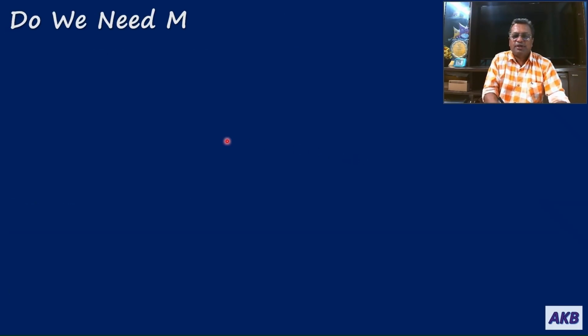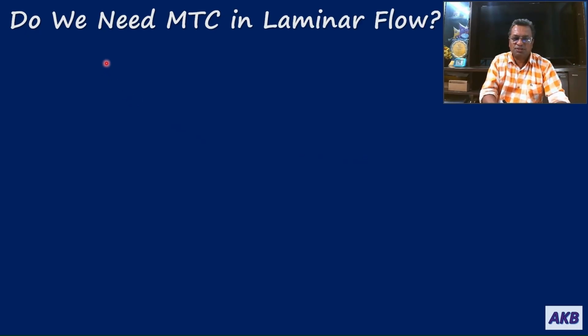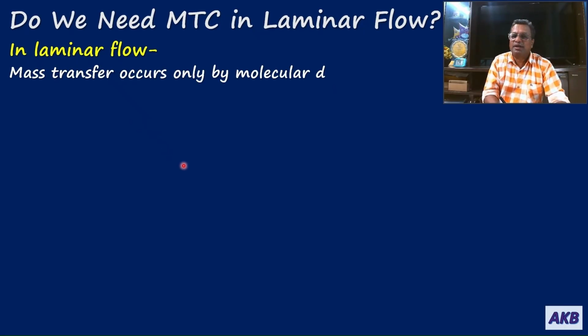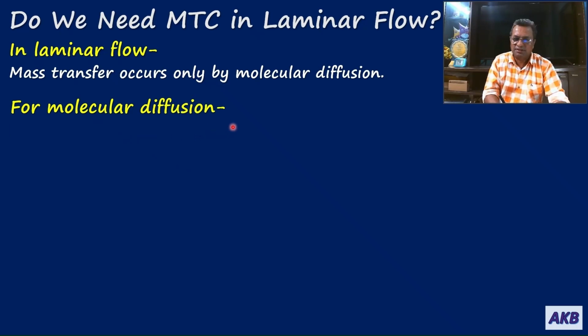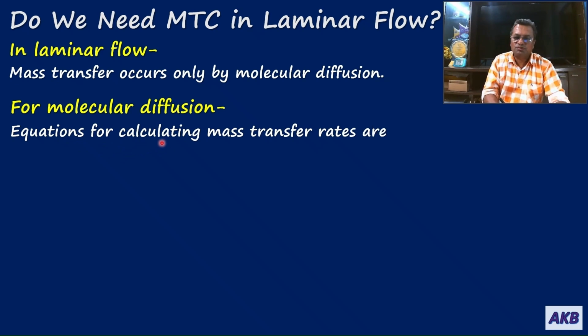Let us begin by asking ourselves these questions. Do we need mass transfer coefficients in laminar flow? We know in laminar flow mass transfer occurs only by molecular diffusion, and as far as molecular diffusion is concerned, we have equations that can be used for calculating mass transfer rates.